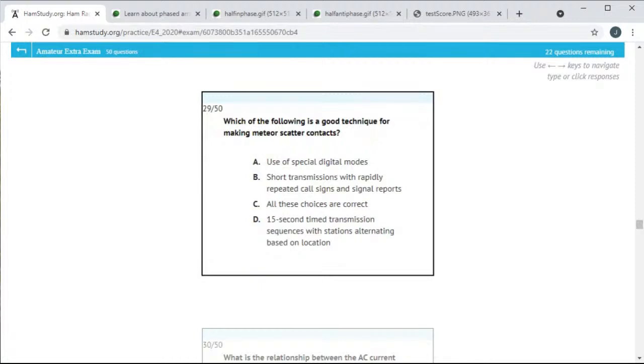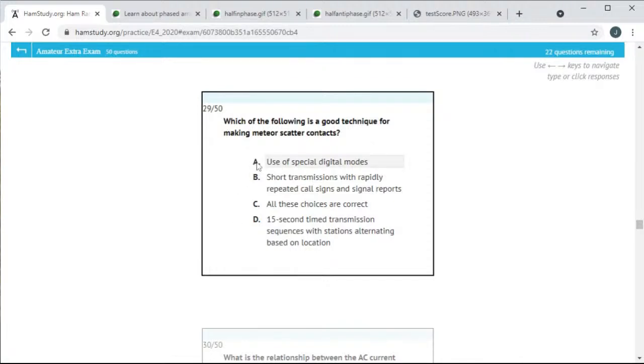Which of the following is a good technique for making meteor scatter contacts? A, use of special digital modes. B, short transmissions with rapid repeated call signs and signal reports. C, all of these are correct. D, 15-second time transmission sequence with stations alternating based on location.